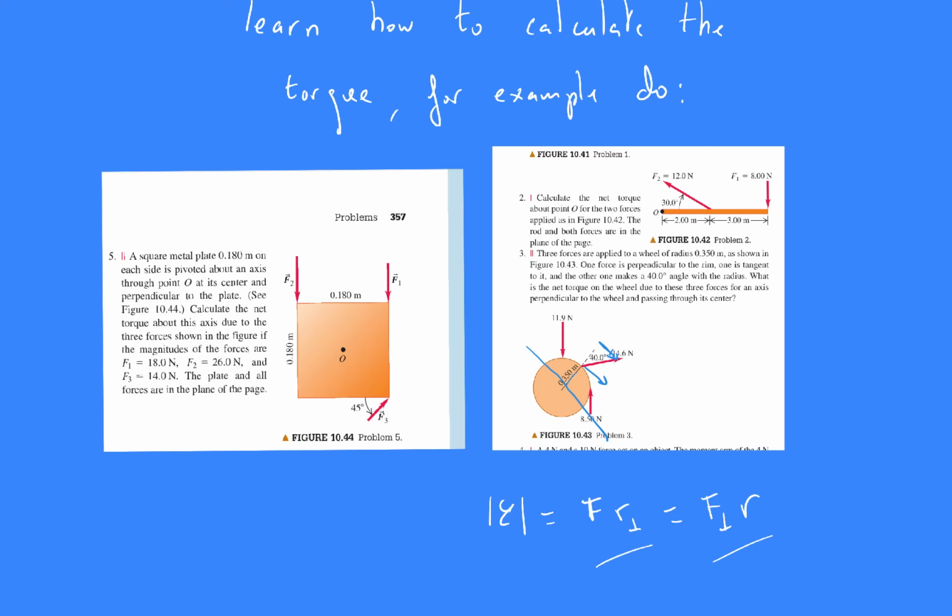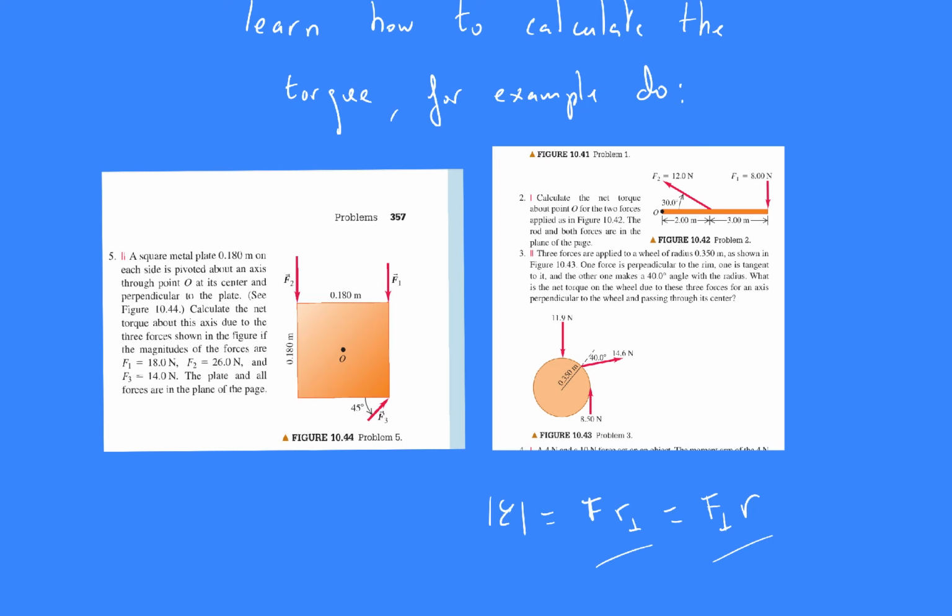So you calculate the torque, and you know that the torque now is counterclockwise, so it is negative. Now you do the same for this force, and you calculate the torque again. This force will produce a positive torque, a clockwise torque, so you will count it as positive.